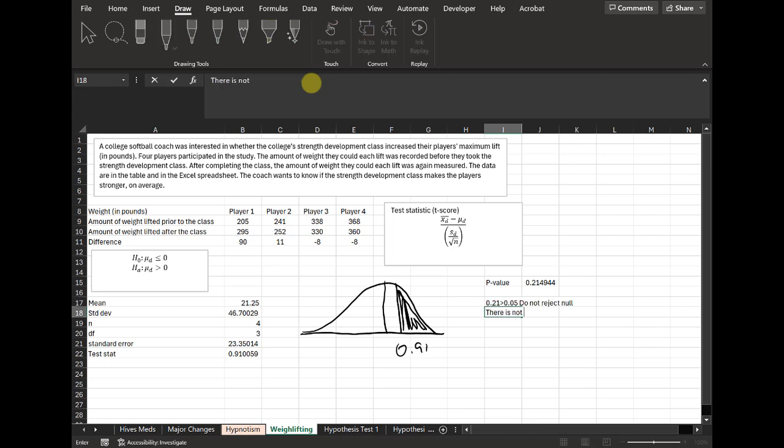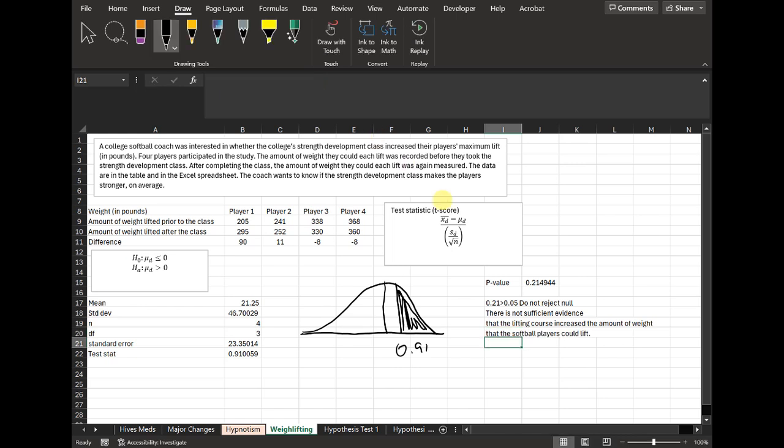There is not sufficient evidence that the lifting course increased the amount of weight that the softball players could lift.